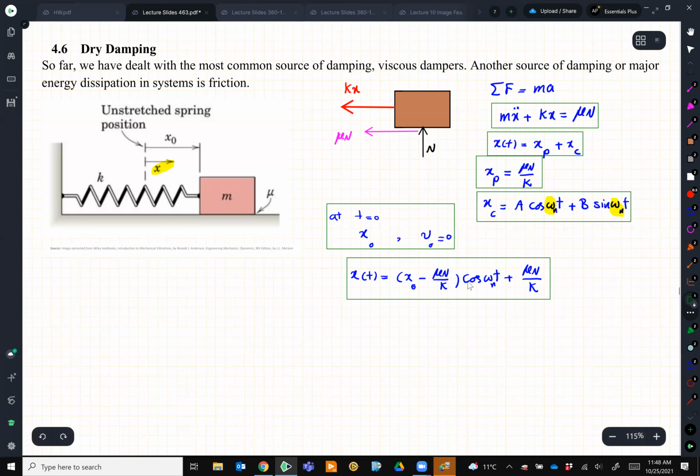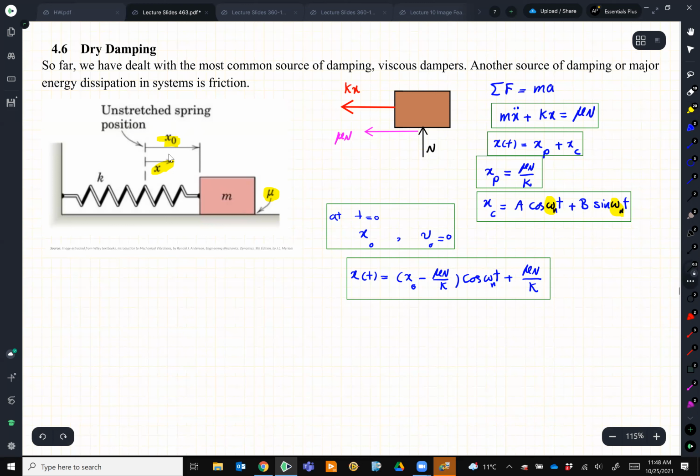We want to know if something similar happens here or not. If I disturb this system by x0, it's going to vibrate forever by x0, which intuitively we know is not going to happen because we have friction. So somehow the vibration has to get smaller and smaller and get to 0. But how much?